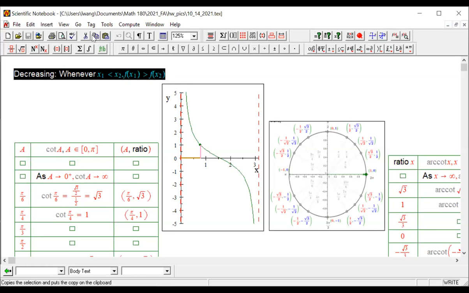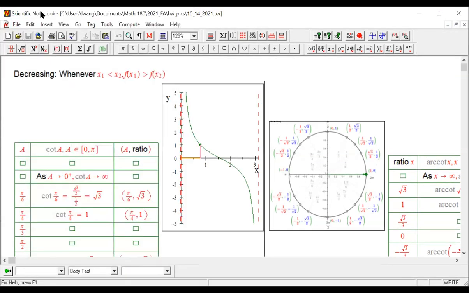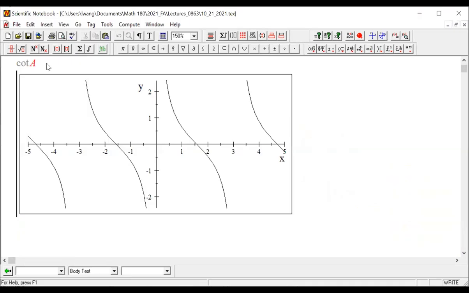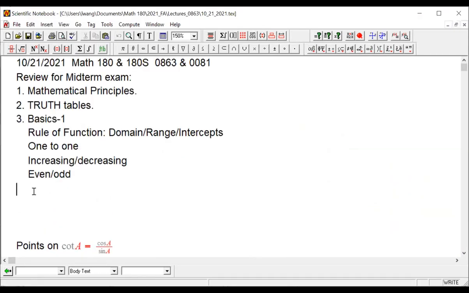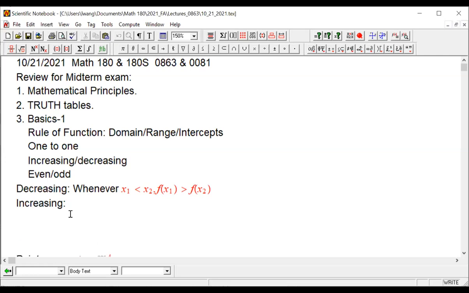Okay, so that's decreasing. Hold on, let's see what file do I have here? Okay, that's the other file. Okay, so increasing, decreasing, right? So that's decreasing. Let's look at increasing. Okay, so we can use arctangent if you want.